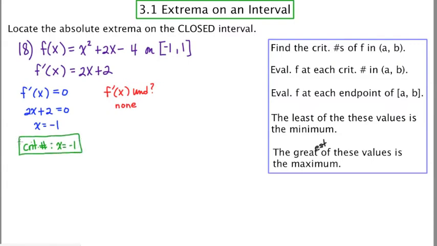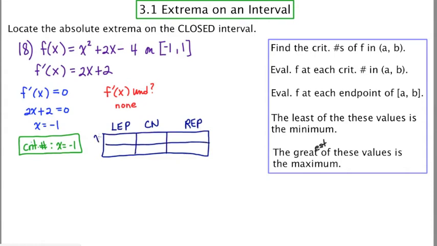So what we need to do now is make a table where we're going to look at the left endpoint, the right endpoint, but also the one critical number that we found. So I like to put this in a little bit of a chart form. This will be x.